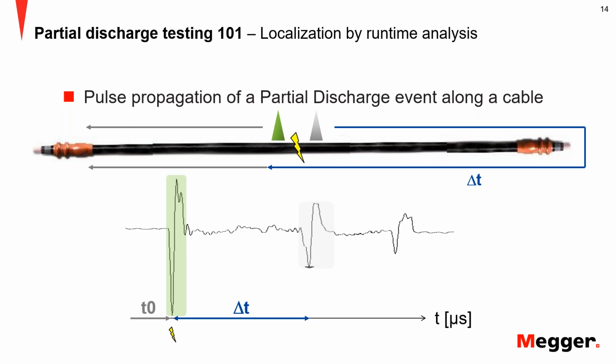You have to think about putting a TDR at the spot where the PD activity is. And if you think about then that some energy of the pulse is sent to the left and the other, typically 50%, would be sent to the right, and then traveling all the way to the far end, being reflected there, coming back to the detector.